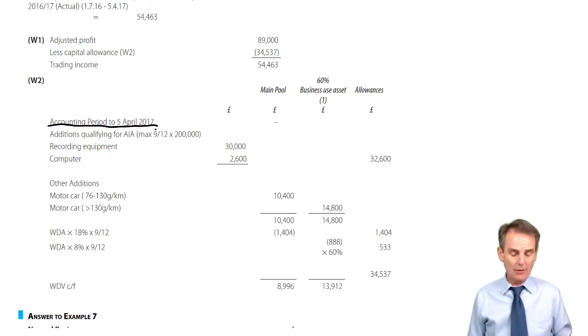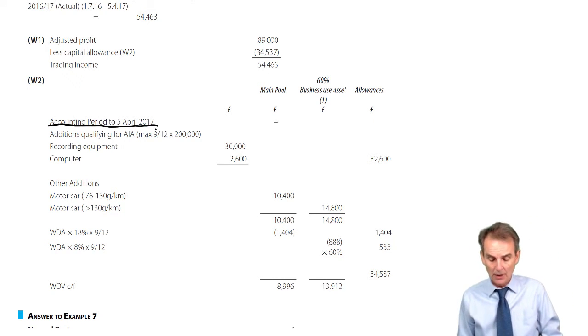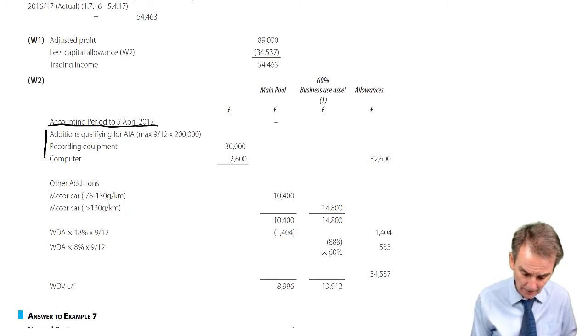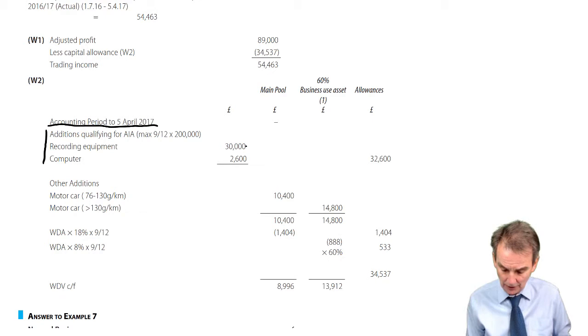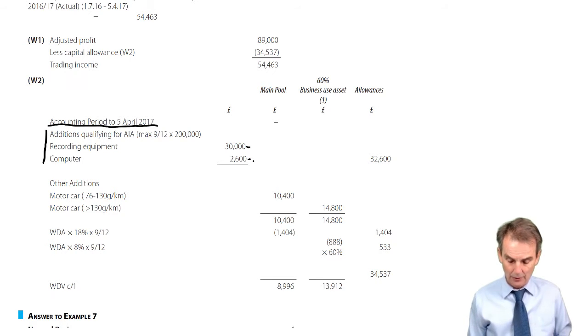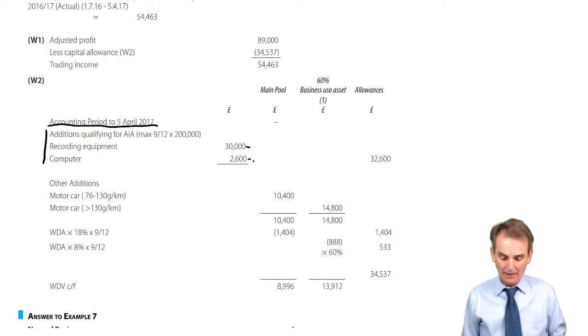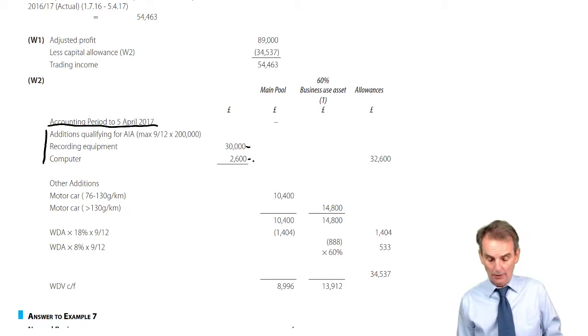Here, that opening period through to the 5th of April 17, we'll deal with the additions that rank for AIA. We'd identified which they were, the recording equipment and the computer equipment. Now, that therefore meant that we could use a little AIA working column.